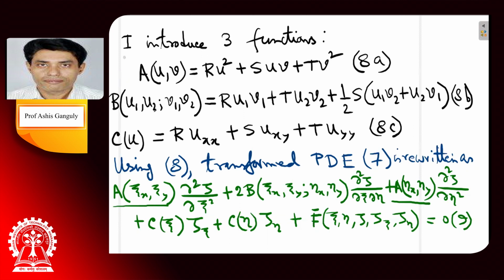If you look into the definition of a, you will see that this a can be written as a quadratic in u by v, if you divide by v. So you have to consider a simple quadratic equation r lambda square plus s lambda plus t. Let me write it down on the next page.